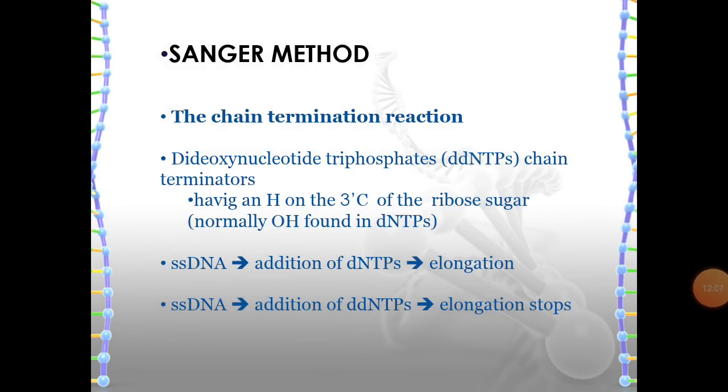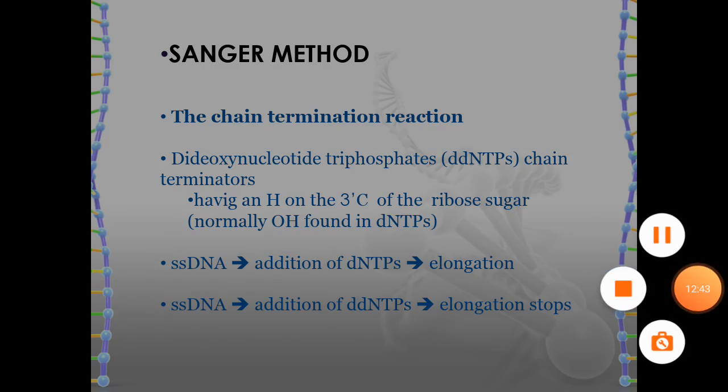Here the phosphodiester bond cannot form between two adjacent nucleotides due to the absence of the hydroxyl group in the ddNTP, that is the dideoxy NTPs. Here the nucleotide chain can't be synthesized further, and hence it is known as the chain termination method, since the reaction gets terminated.